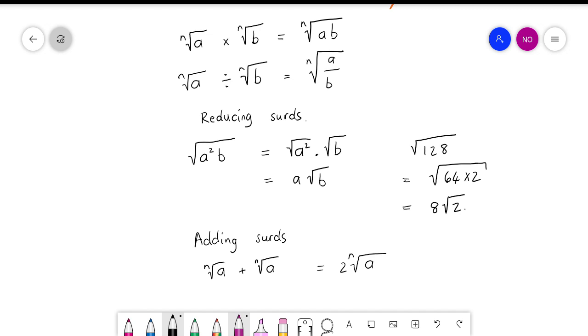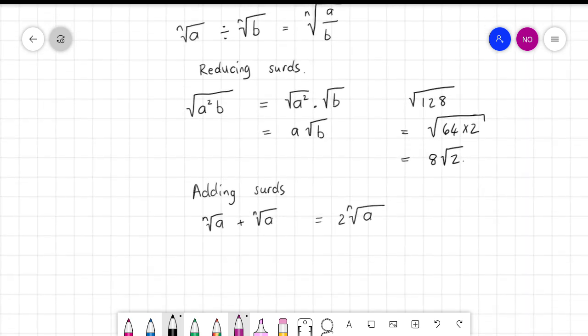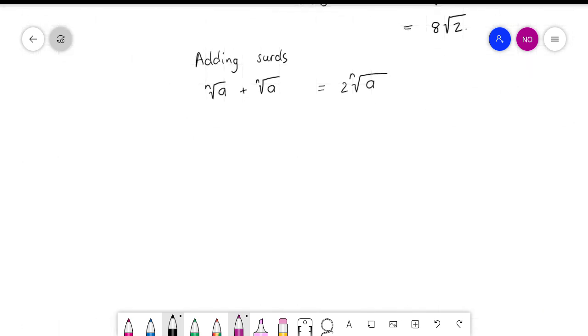As long as it has the same surd form and the same thing under the surd, then you're fine. Just going to do 2 examples with you guys.